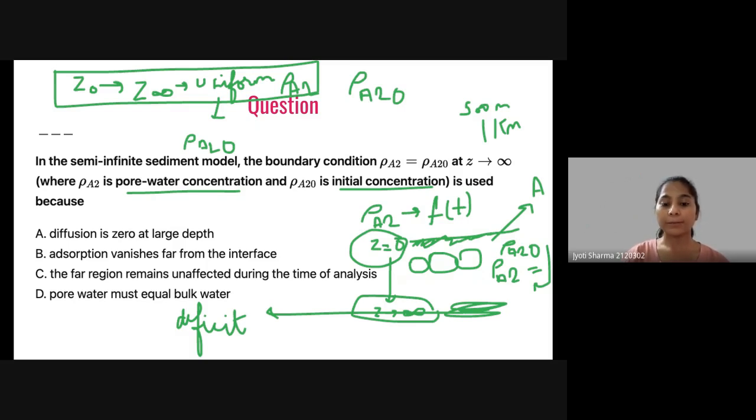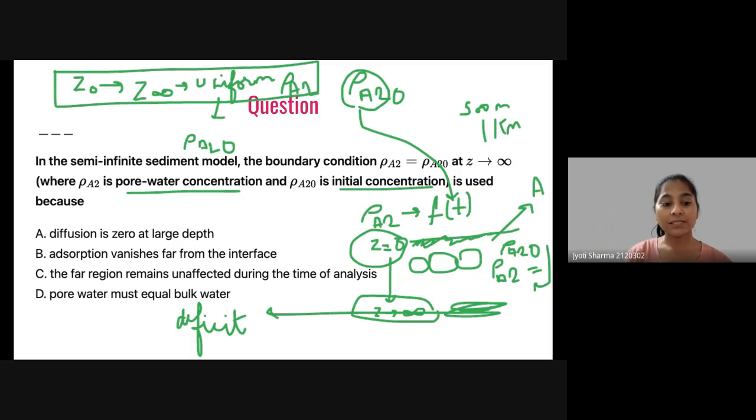So the thing is, even if the concentration of contaminant A is a function of time t, if we are saying that z is approaching infinity, it means that particular area is not affected during this time, and whatever initial concentration we had of that contaminant A will be the same as z approaching infinity.